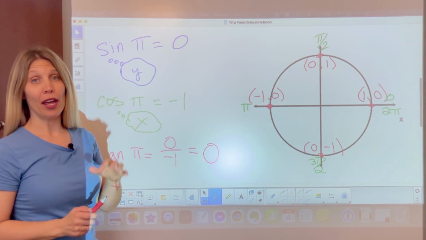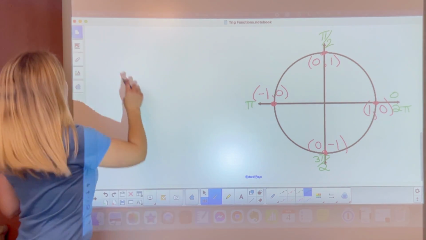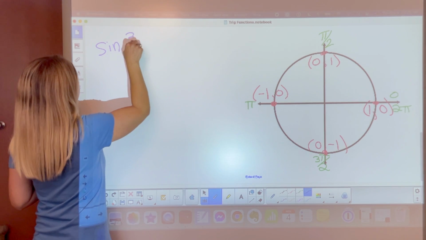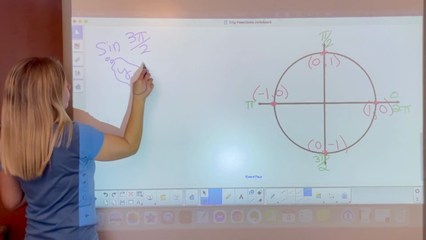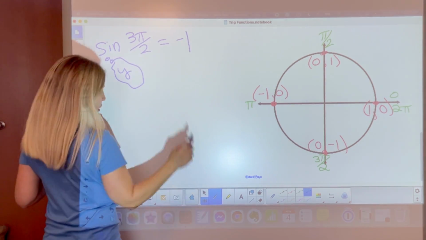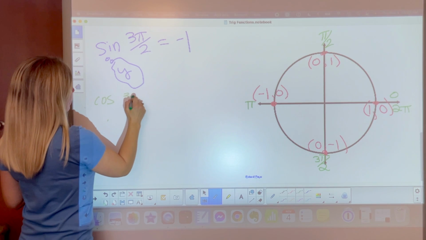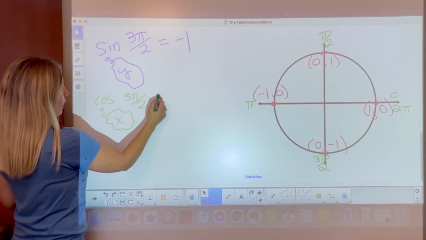Let's do the last one at 3 pi over 2. So now let's do all 3 trig functions at 3 pi over 2. So sine at 3 pi over 2. Remember, sine is your y value. So what's my y value here? Y value is -1. Now we do cosine at 3 pi over 2. Remember, your cosine is your x value.